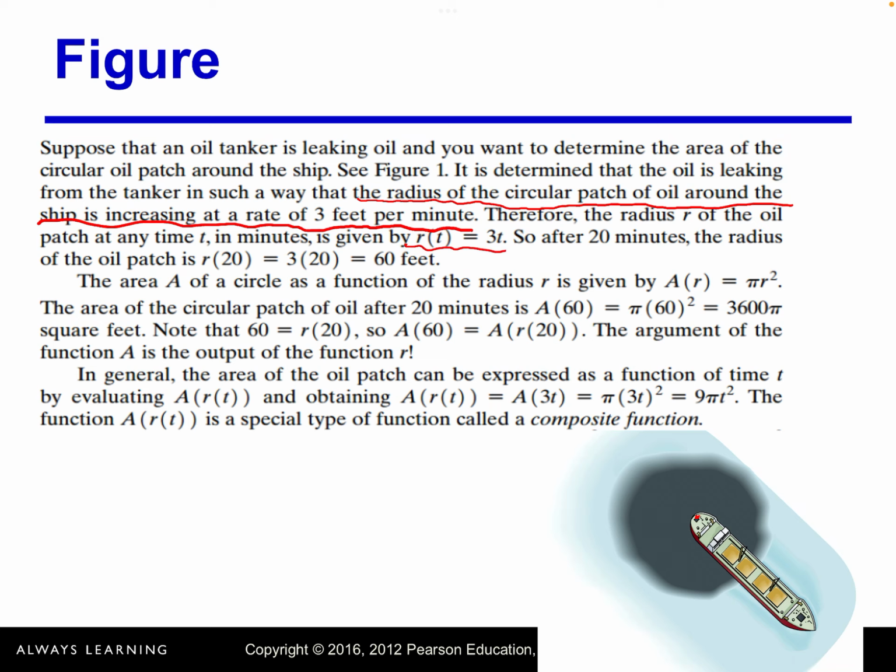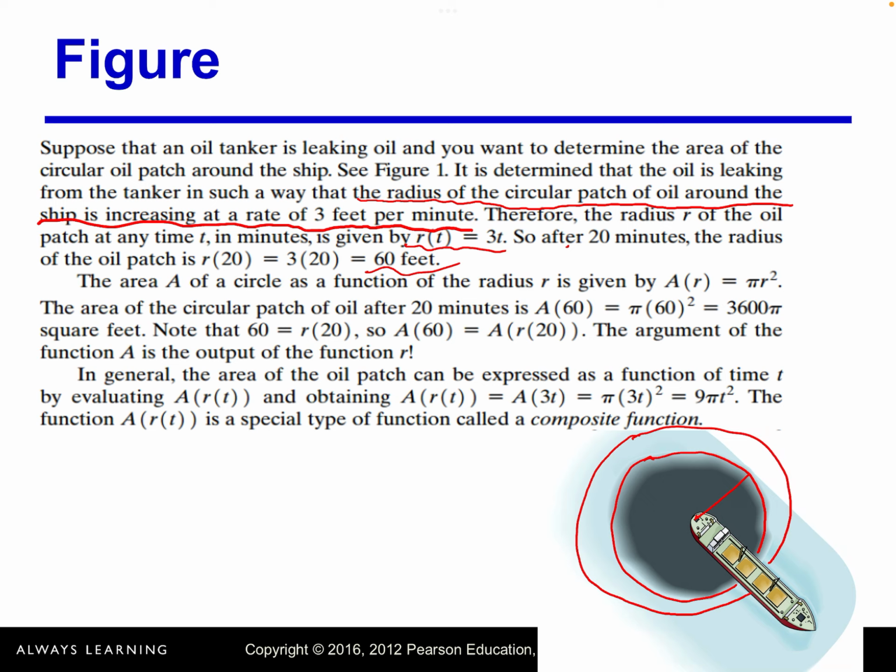For example, after 20 minutes, the radius of the oil patch should equal 3 times 20, which is 60 feet. And then we want to find the area of this circular oil patch. The radius is increasing, so the oil patch is getting larger and larger.